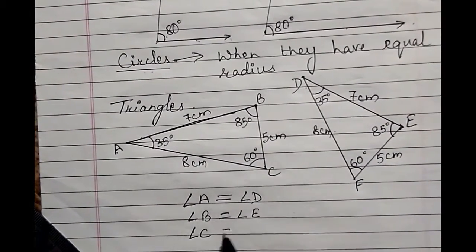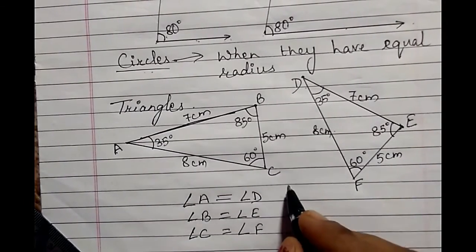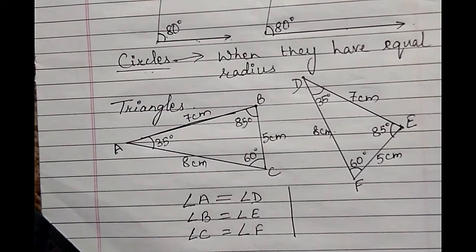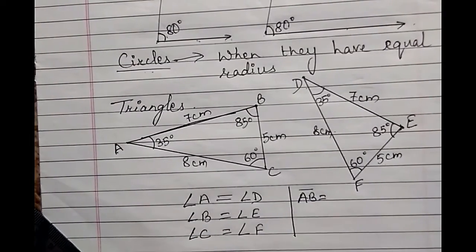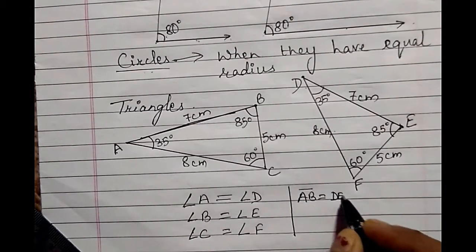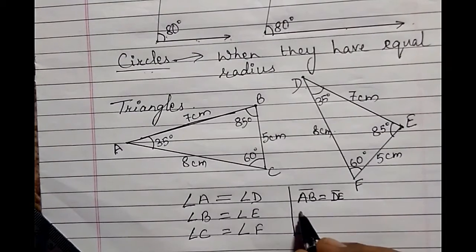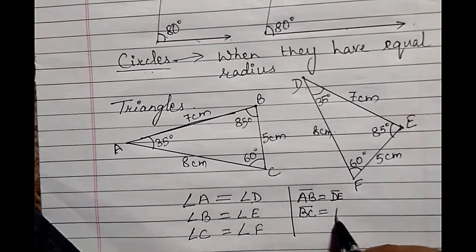Angle C measures equal to angle F. If we talk about the sides, line segment AB equals line segment DE. Line segment BC equals line segment EF.